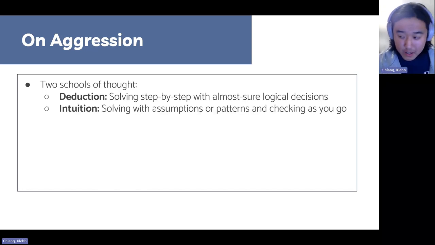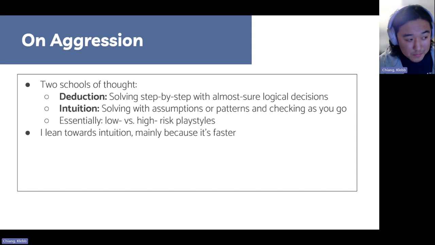Meanwhile, the other way is using intuition, which is solving with assumptions and patterns and checking as you go. Now, I'm telling you to play aggressive. Okay, so I prefer intuition.